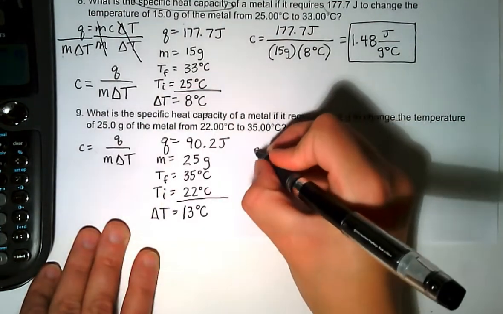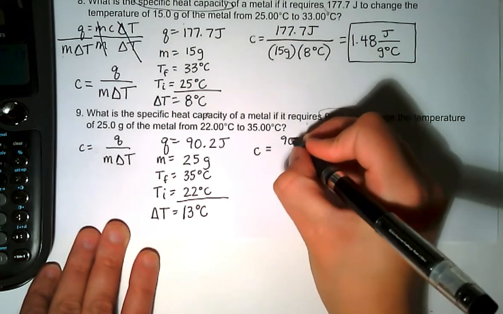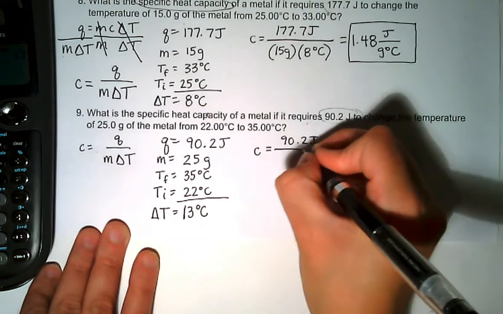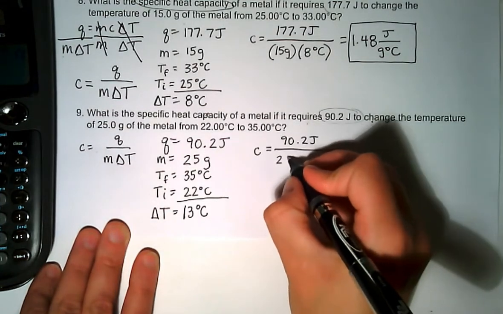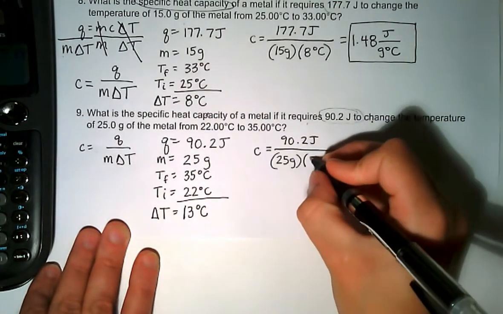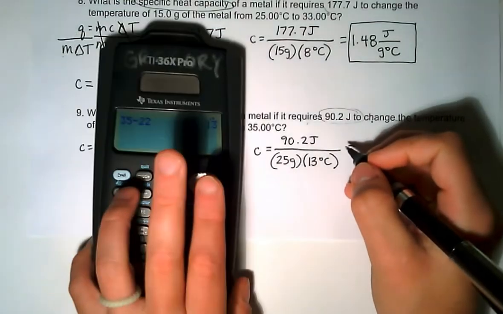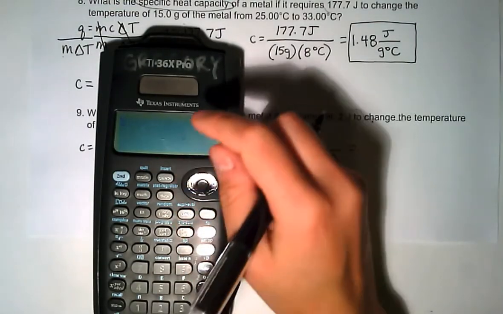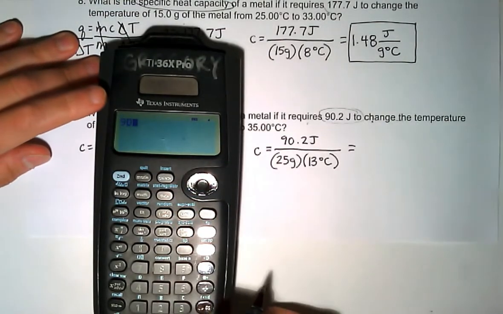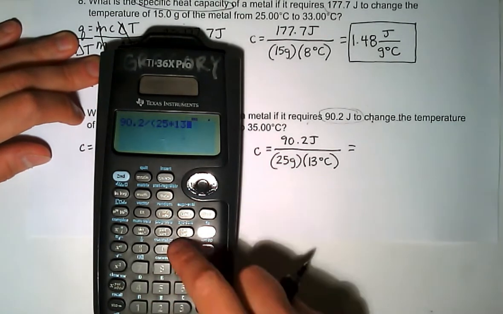And I just need to substitute into my equation. C equals 90.2 joules divided by 25 grams times delta T, which is 13 degrees Celsius. So if we plug this into our calculator, we get 90.2 divided by 25 times 13.